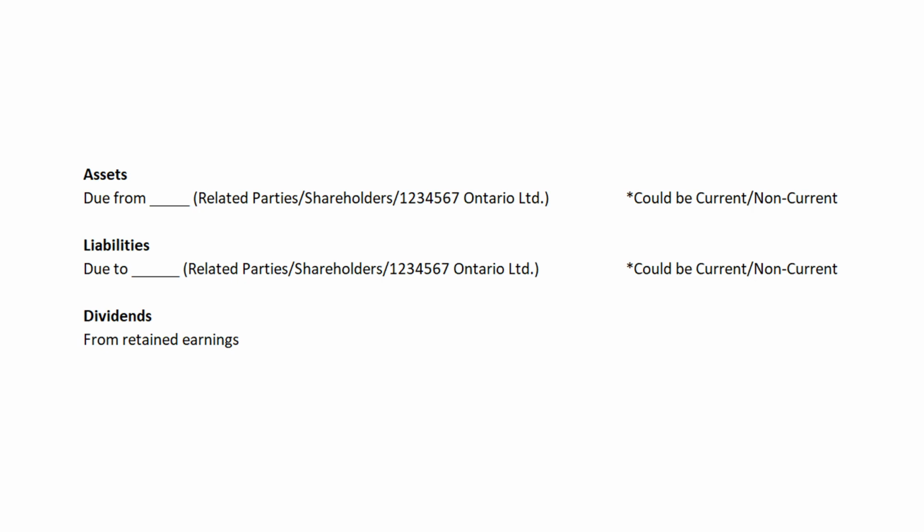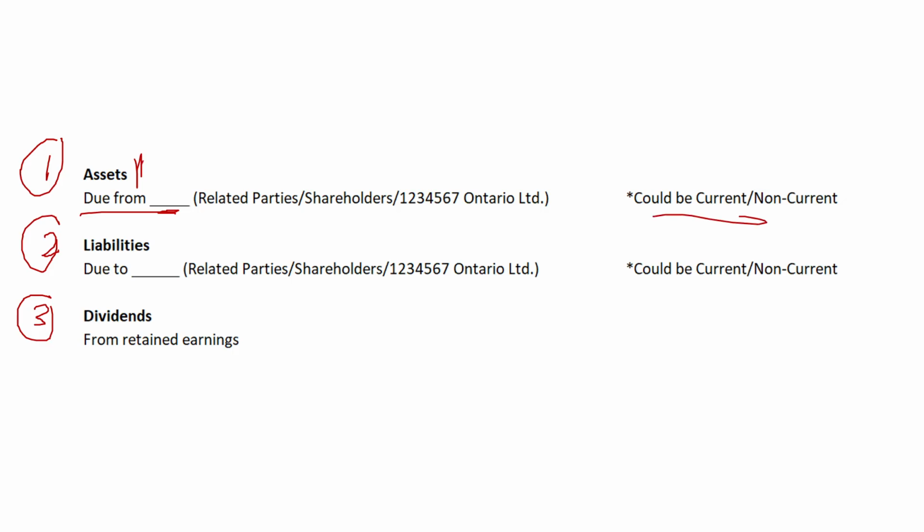Okay, so let's apply this to the actual statement. All right, so coming off of the last slide, this slide really just tells you, remember how we split it into 1, 2, and 3? This is what you can expect to see on the balance sheet and income statement. So the asset, the due from, you're going to see a line item on the balance sheet under the assets.